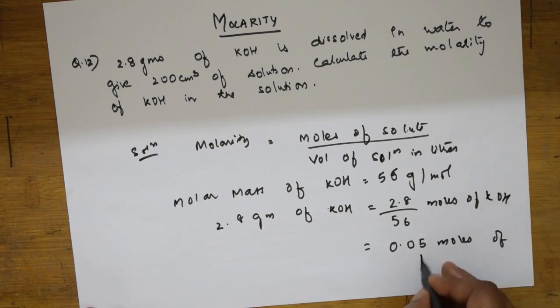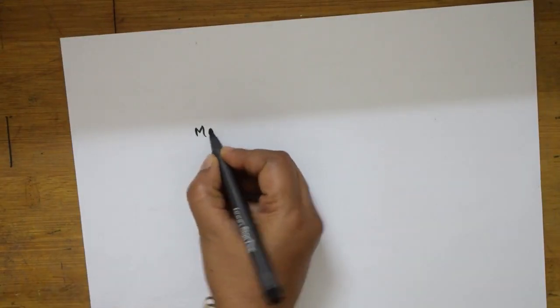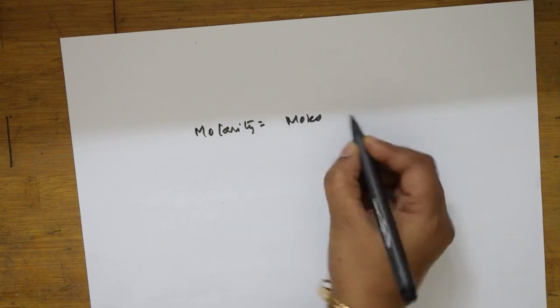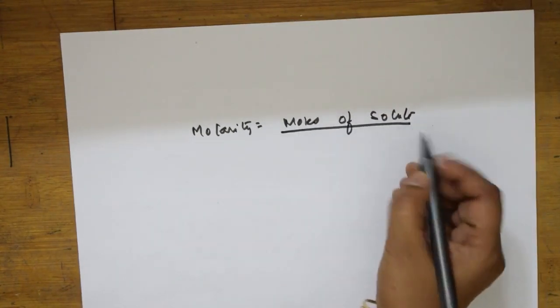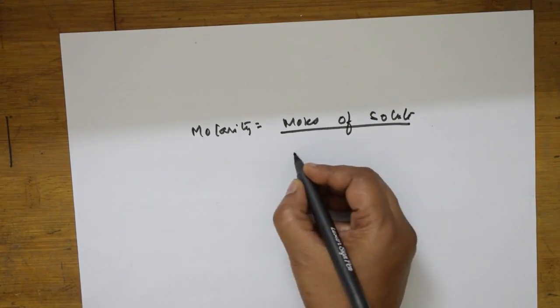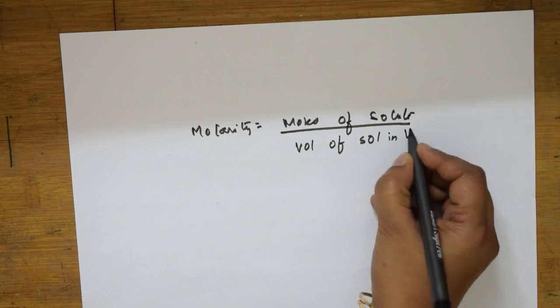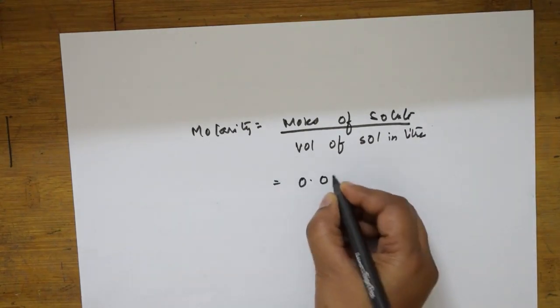Now I've come almost closer to the answer. Now let's come back and write. Molarity is equal to, again I'm writing the formula, moles of solute divided by volume of solution in liters. So how much are the moles we got? 0.05.